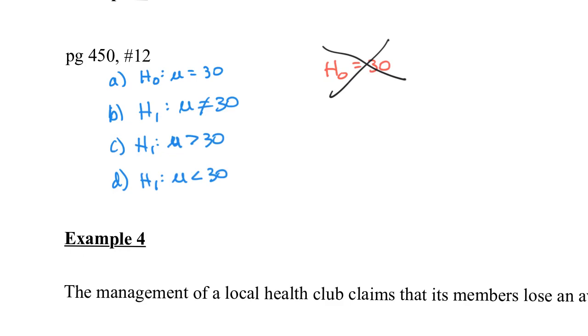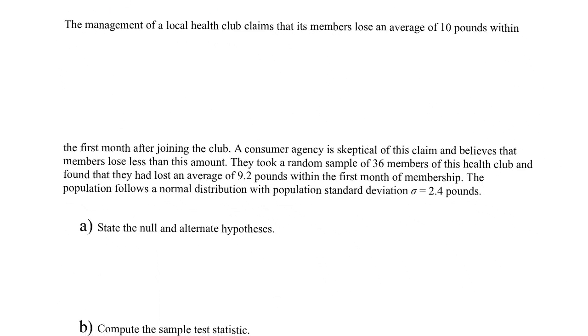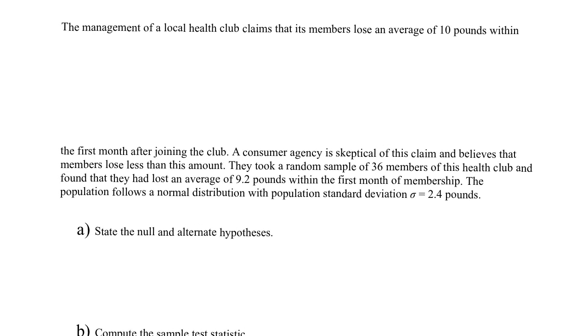So example 4, it says the management of a local health club claims that its members lose an average of 10 pounds within the first month after joining the club. The consumer agency is skeptical of this claim and believes that members lose less than this amount.